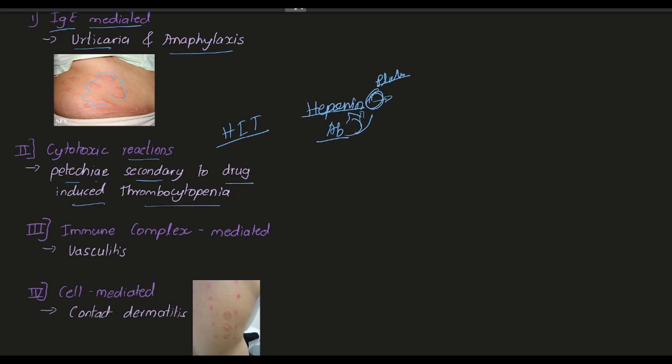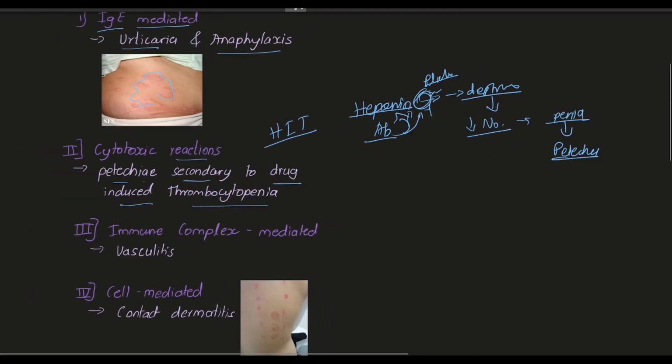This deposition of the antibodies on the platelet will cause the destruction of the platelet. When there is destruction of the platelets, the total number of platelets is going to be reduced, causing thrombocytopenia. Then there will be formation of petechiae. So these are petechiae that are secondary to drug-induced thrombocytopenia.